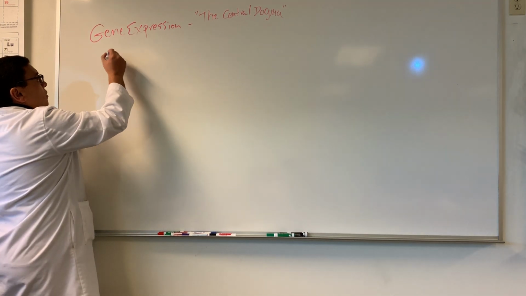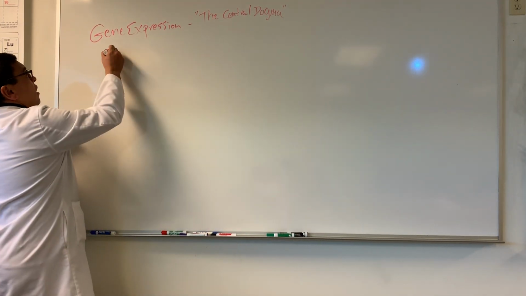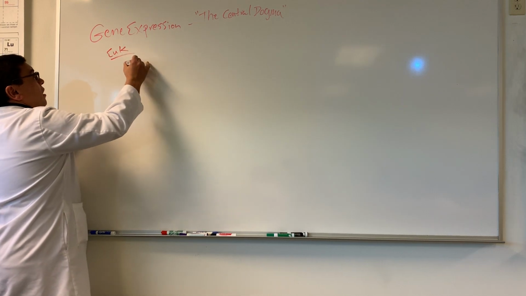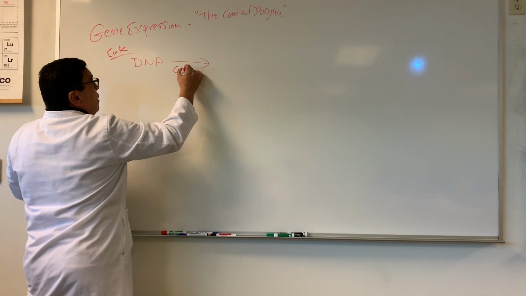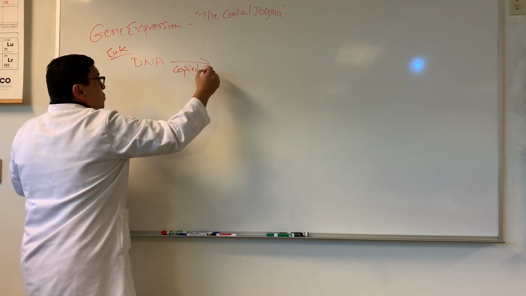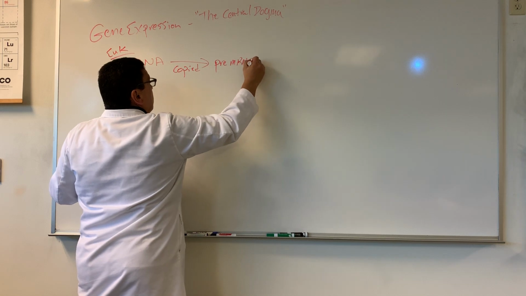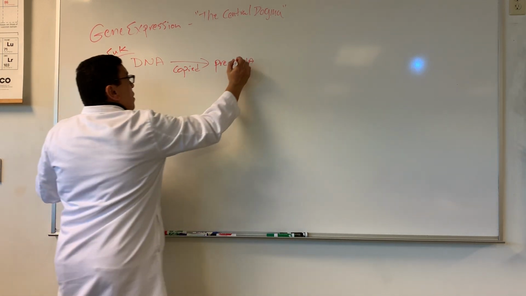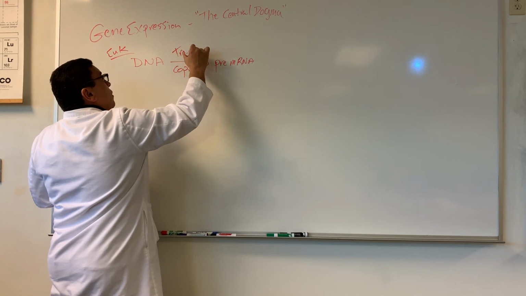Eukaryotic gene expression is basically DNA being copied into what's called pre-mRNA. And that process is called transcription.